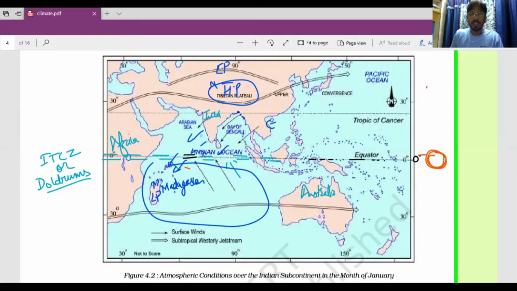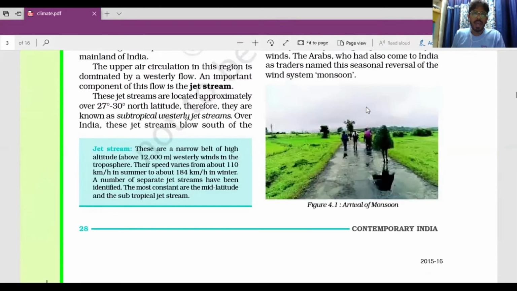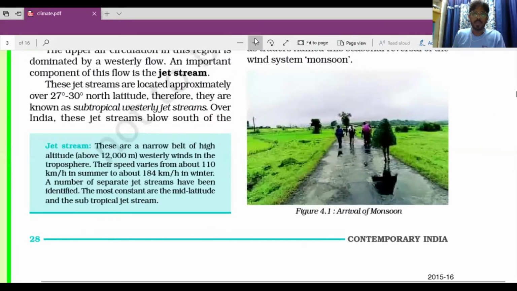When low pressure is there, winds which are coming from European countries will flow over the Tibetan plateau, right? So these winds which are flowing above the Tibetan plateau are known as jet streams. So let us look over here.